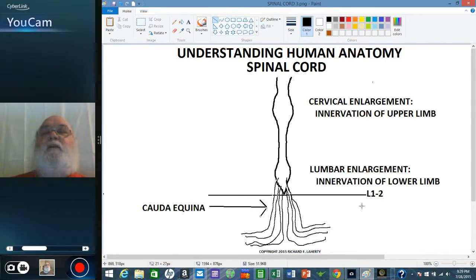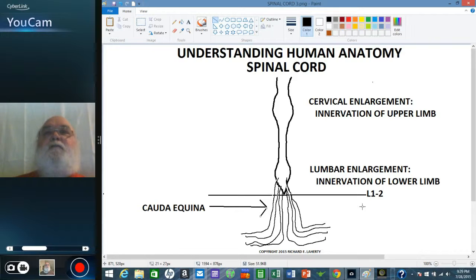The white matter is arranged into columns. Remember, the white matter are myelinated axons going from one area of the central nervous system to another. We have the posterior column, the lateral column, and the anterior column.